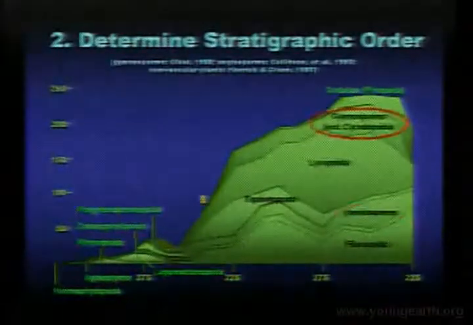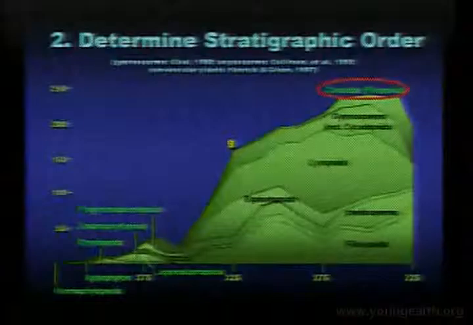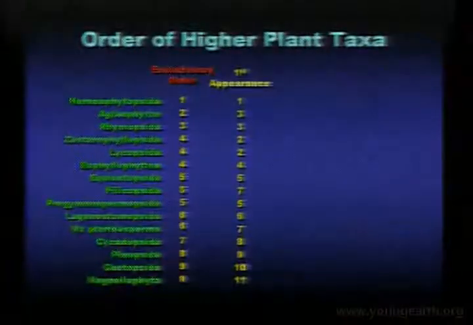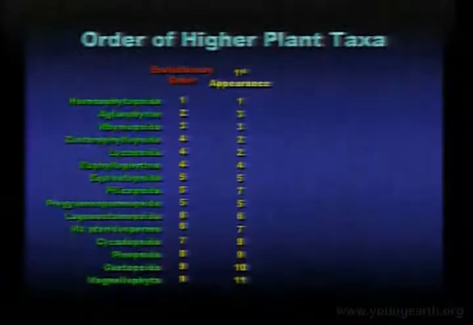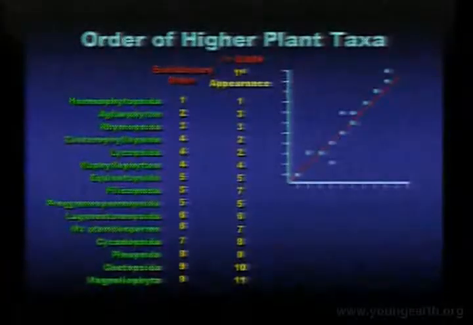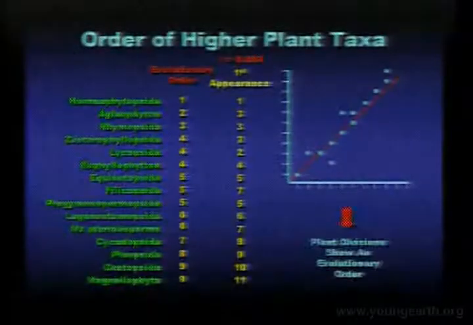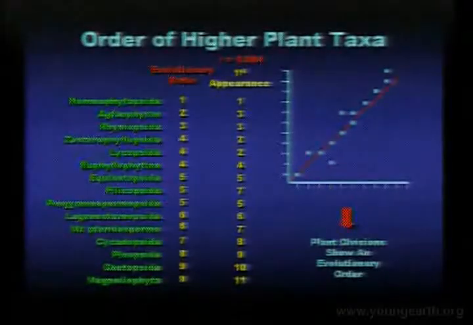From this, we deduce a sequence of first appearances of the major groups, and then those ranks can be placed in there. Now we have a way to compare the predictions of evolutionary theory with the observations in the fossil record. You can plot them too.